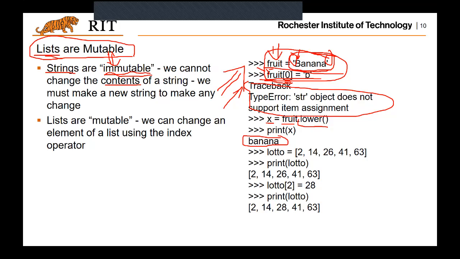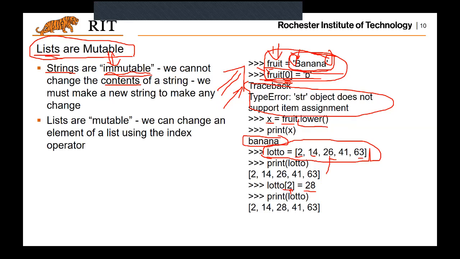So what if we have a list? For example, you have this list with all integer numbers, and let's say you want to change the third element by using the index 2, to another value.